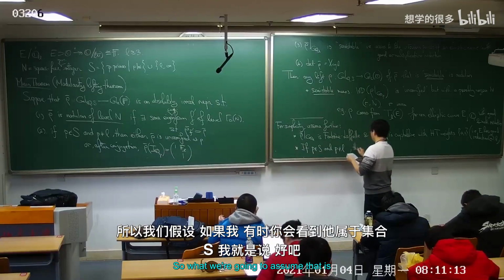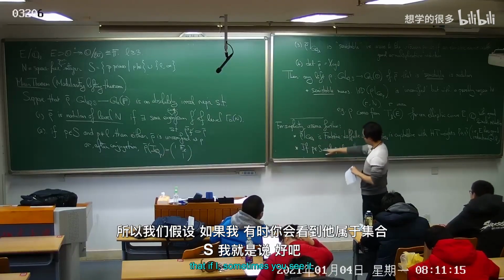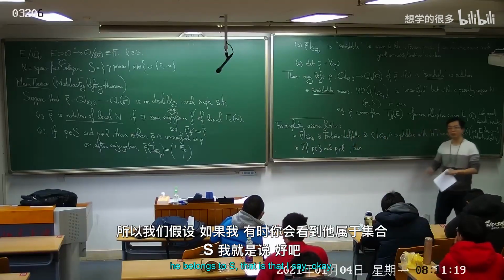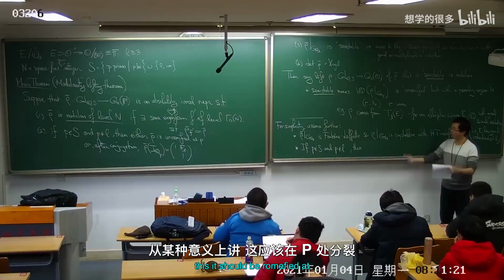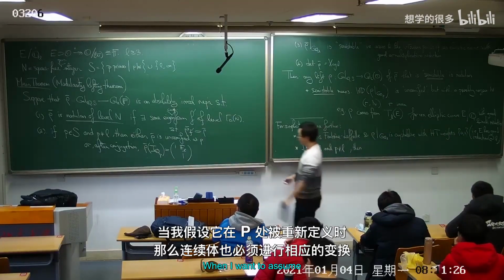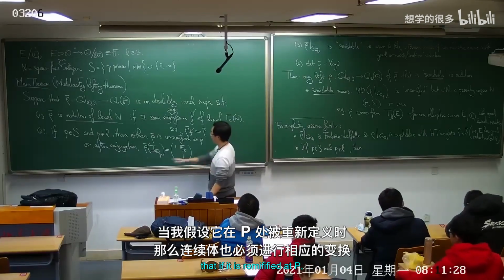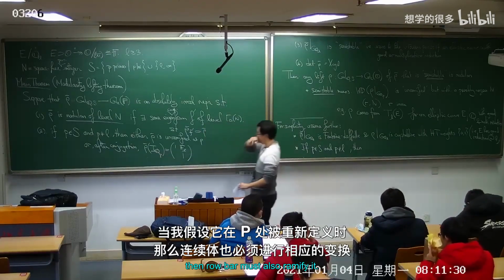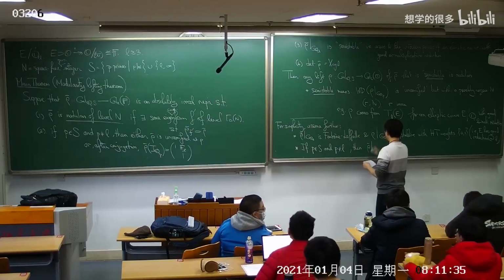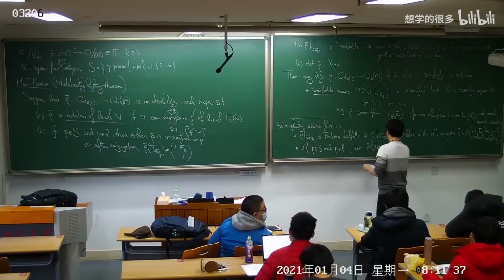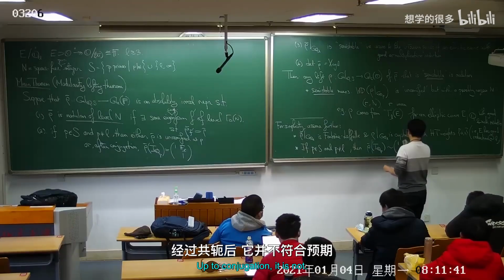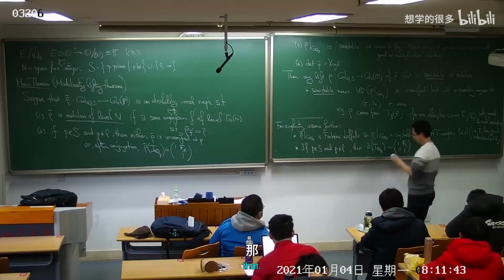So what we're going to assume is that if you see p belongs to S, that means I say, okay, this representation should be ramified at p in some sense. What I want to assume is that if it ramifies at p, then rho bar must also ramify at p, up to conjugation.